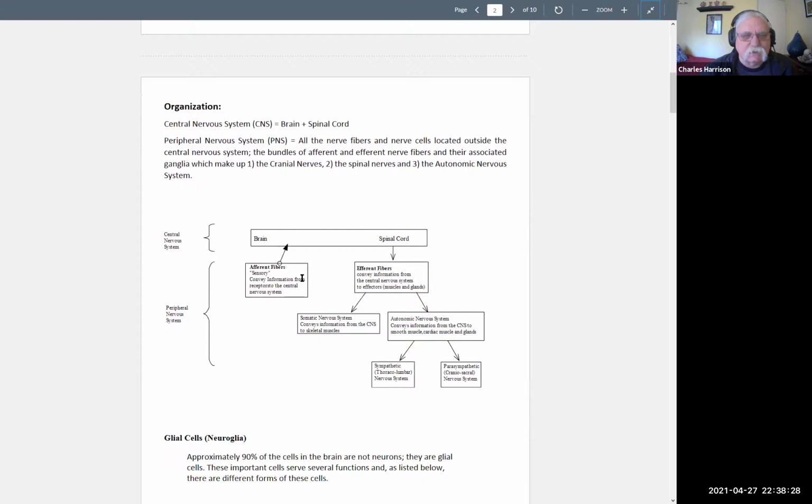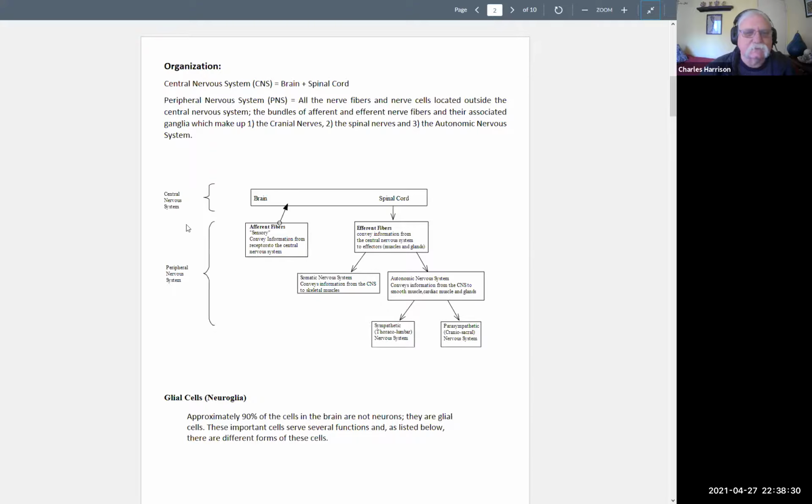Here's the chart that shows that. The brain and spinal cord are up here at the top and comprise the central nervous system. Afferent fibers or sensory neurons bring information in towards the CNS.